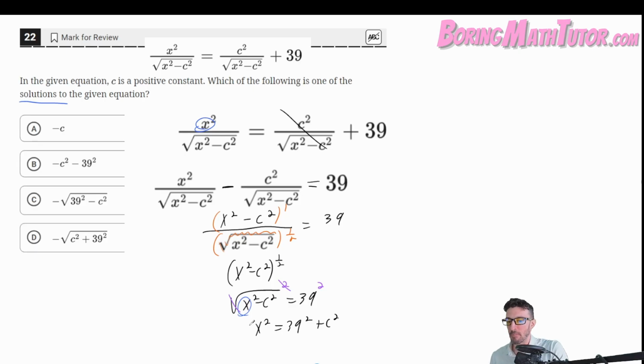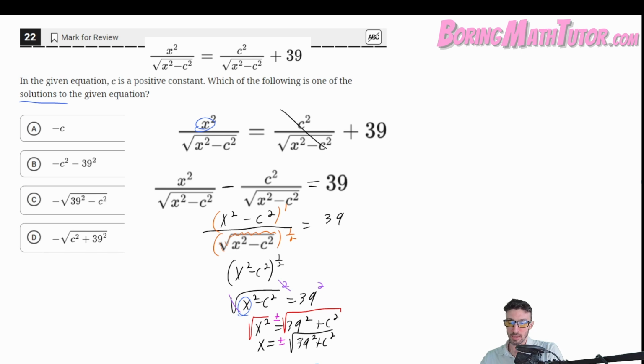Last step remaining is to do a square root. Whenever you do a square root, you always also need to put a plus or minus. So now we are up to plus or minus the square root of 39 squared plus c squared.